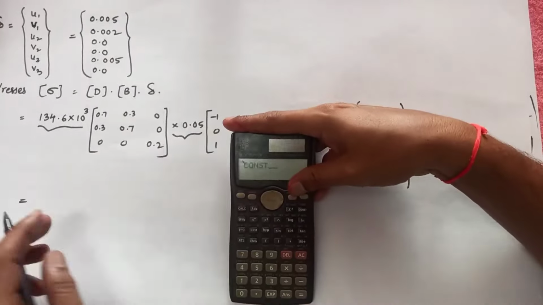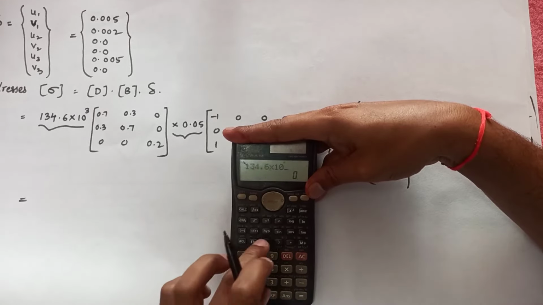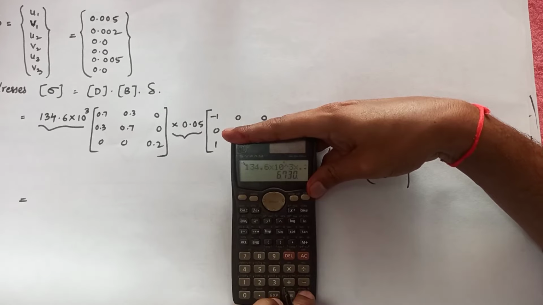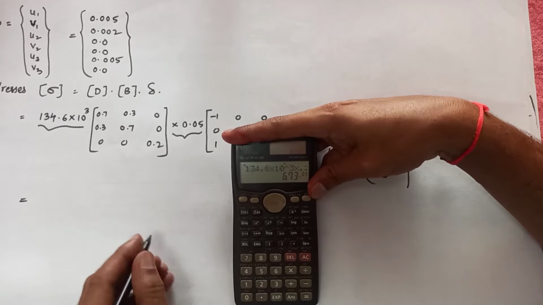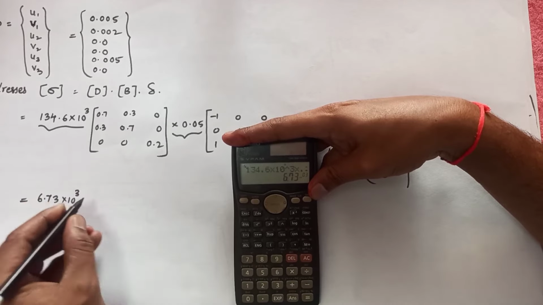So 134.6 into 10 power of 3 into 0.05. So we got 6.73 into 10 power of 3.